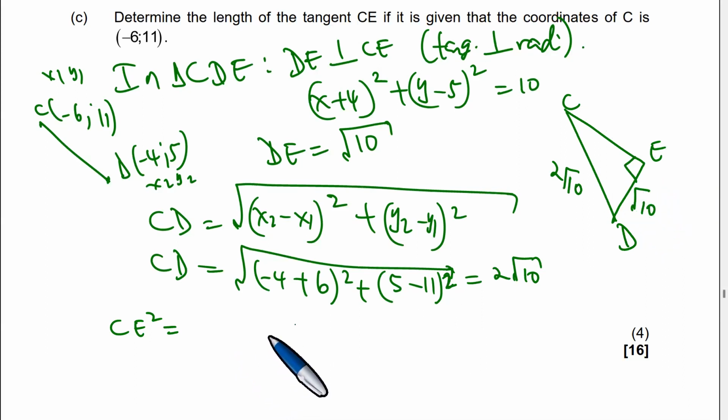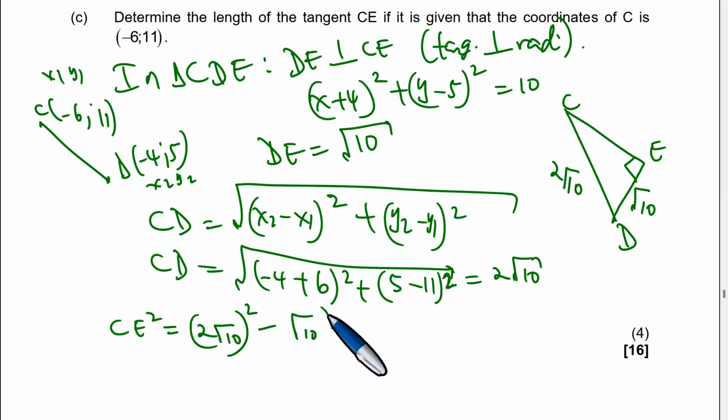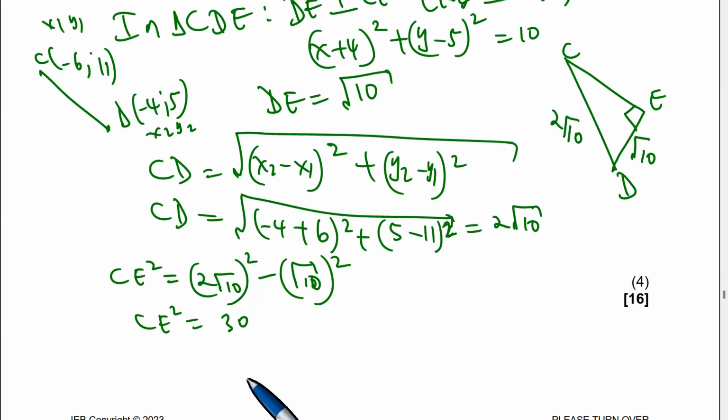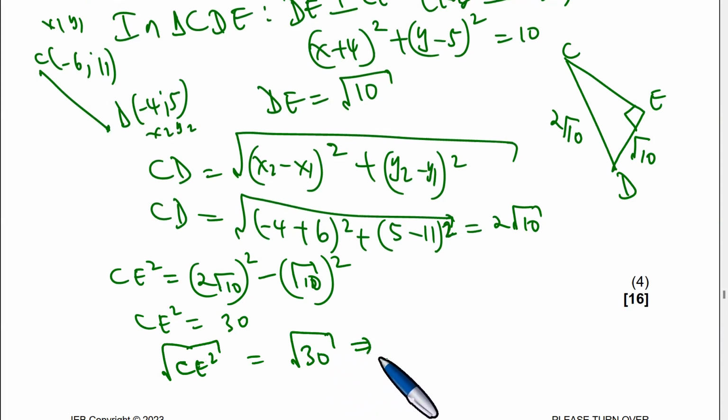Right, so we can see that this is the hypotenuse, opposite the angle of 90 degrees. So CE squared is the same as 2 the square root of 10, you square that, minus the square root of 10, you square that, and CE squared is 30. From this, you can take the square root both sides, so CE is the square root of 30 units.